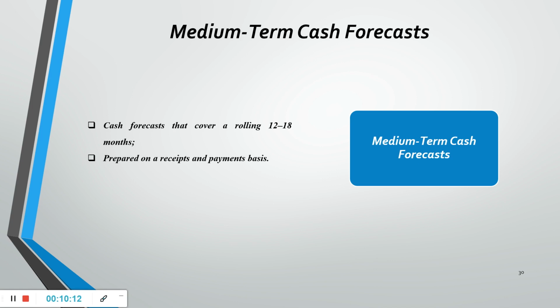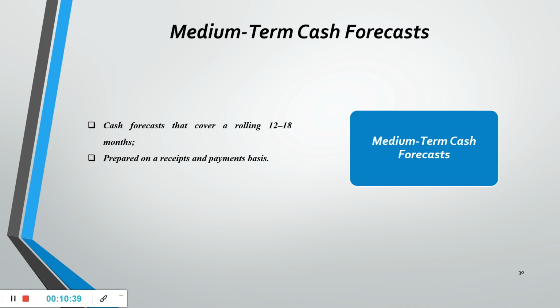Central to these controls is the efficient and effective forecast of cash over the budget or current financial year and beyond. Most companies will produce medium-term cash forecasts on a month-by-month basis, which are then updated at regular intervals. Many will produce medium-term cash forecasts that cover a rolling 12 to 18 months.